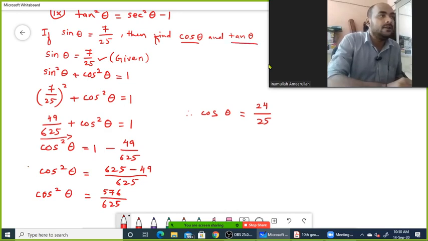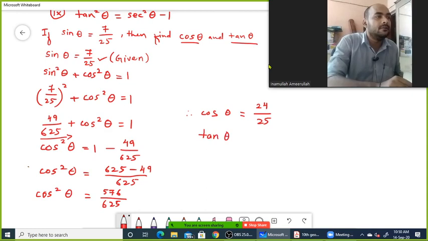We need tan theta also. We know that tan theta is actually, this is the relationship between trigonometric ratios, that tan theta is equal to sine theta upon cos theta. So here sine theta is 7 by 25 upon cos theta is 24 by 25.